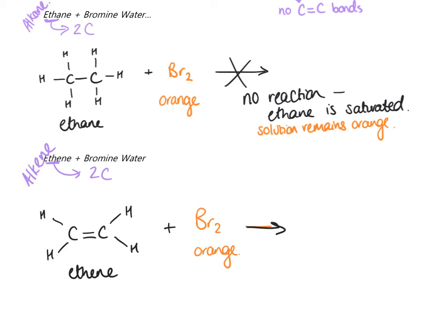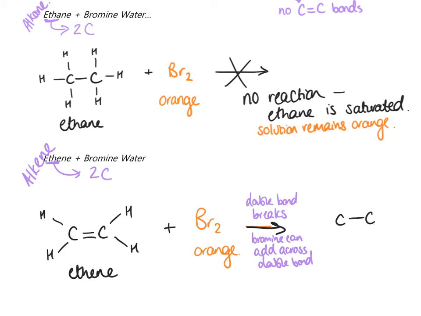So if you draw your arrow in, the first thing that happens is that the double bond breaks. And then what happens is the bromine can add across the double bond essentially. So let's see that in action.